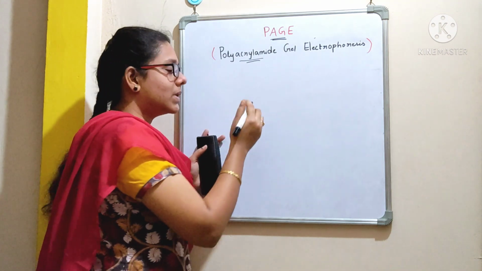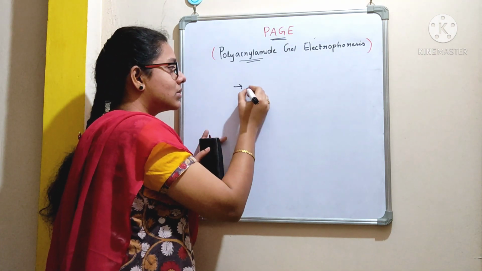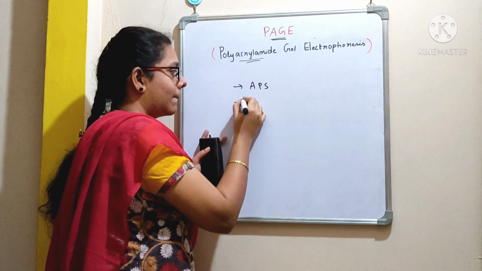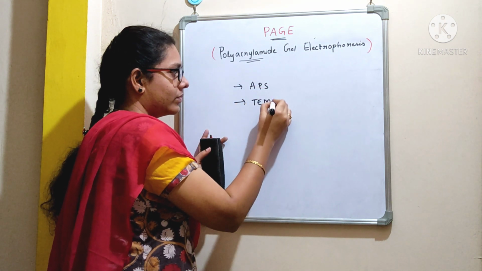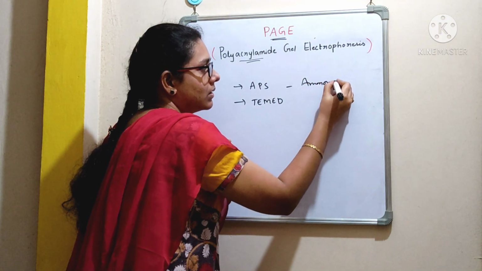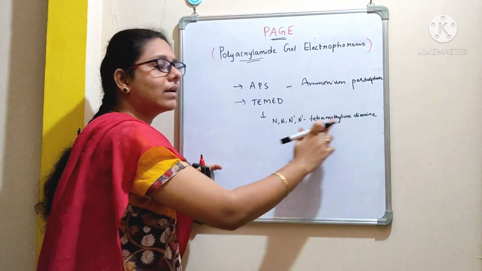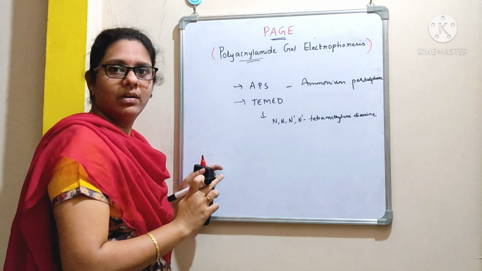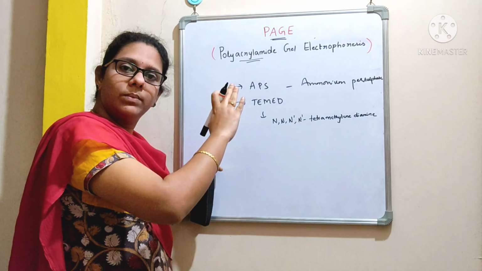Here in this SDS PAGE, we are going to use two other chemicals called APS and TEMED. APS stands for ammonium persulfate and TEMED stands for tetramethylethylenediamine. Okay. So what is the role of sodium dodecyl sulfate?